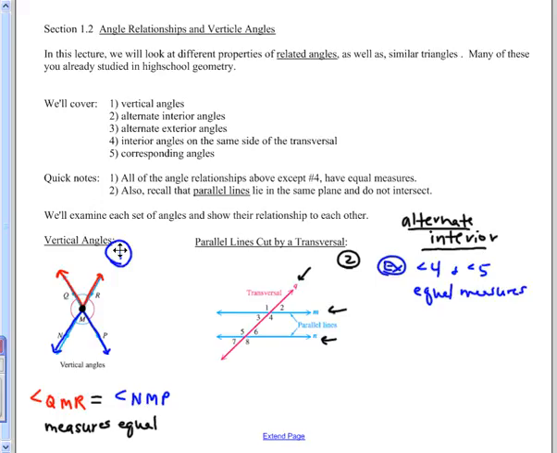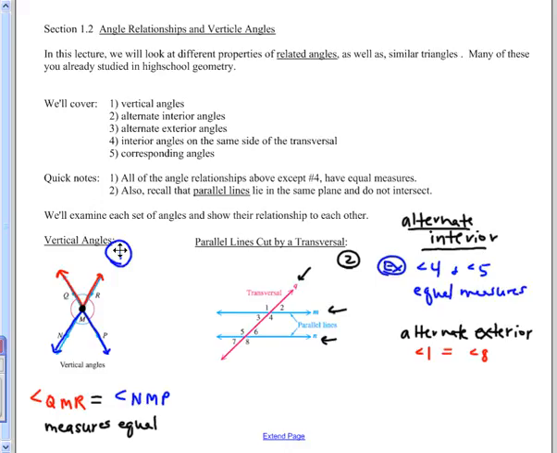The next topic is alternate exterior. Well, by alternate, we still mean on opposite sides of the transversal, and exterior means they need to be outside those parallel lines. So angle 1 and angle 8 are alternate exterior angles, and they are equal in measure as well.